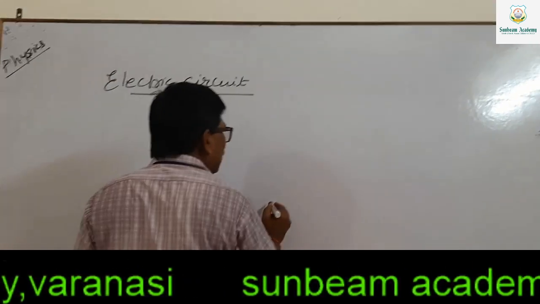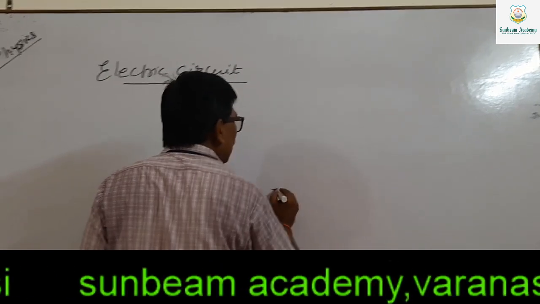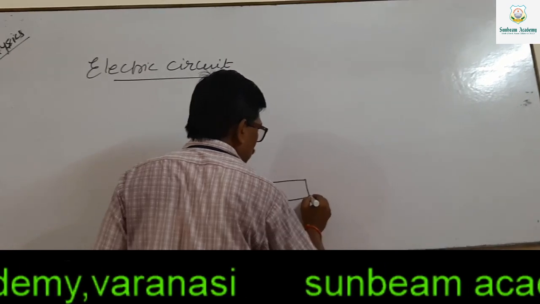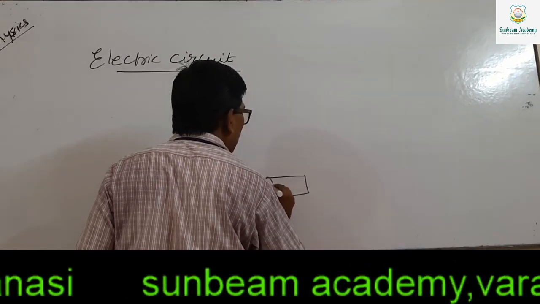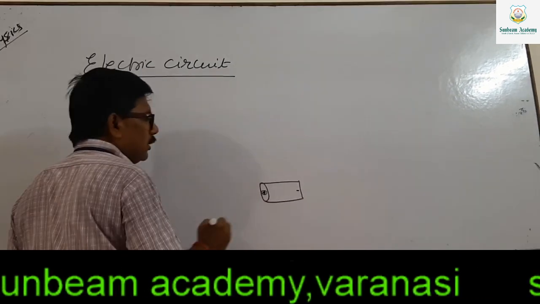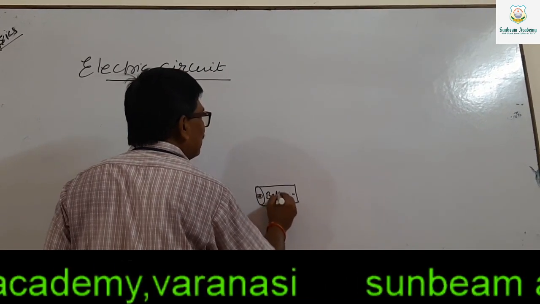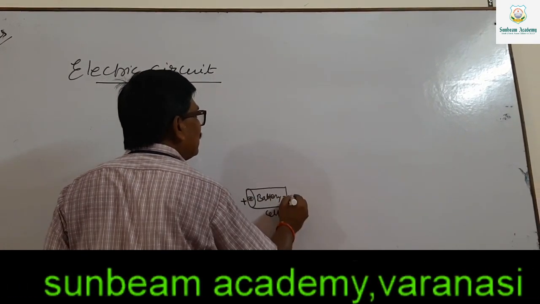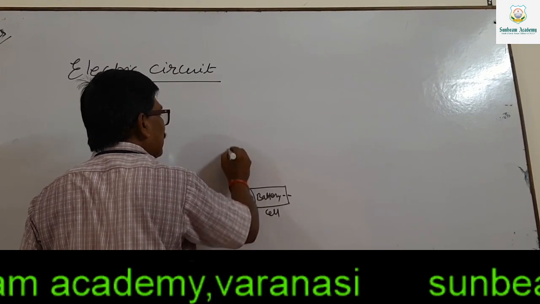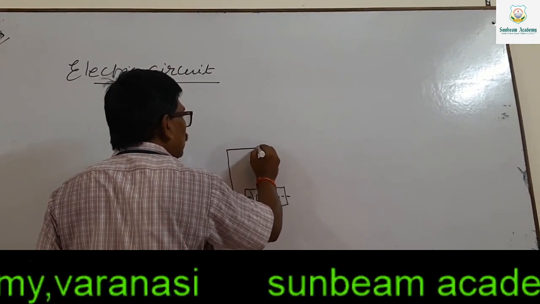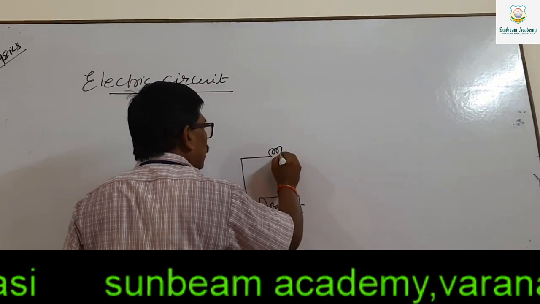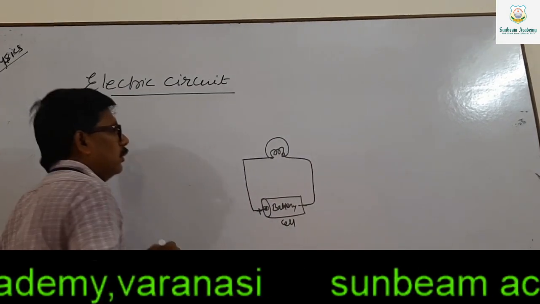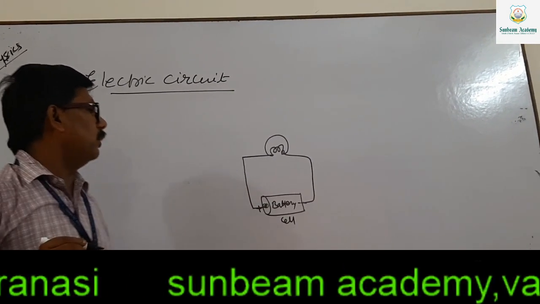a closed conducting path means, this is a battery or cell. This is the positive terminal, this is the negative terminal. This is connected to a load, that is a bulb, and connected to the other terminal of the battery.